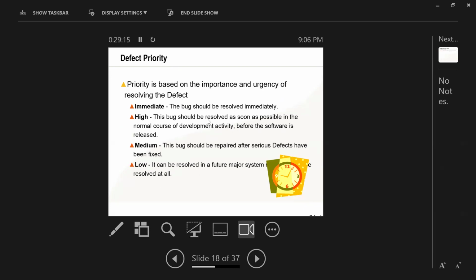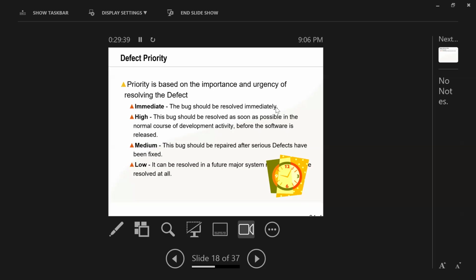High: this bug should be resolved as soon as possible in the normal course of development activity before the software is released. Medium: this bug should be repaired after serious defects have been fixed. So immediate needs to be fixed first, high priority is second, and then medium and low.